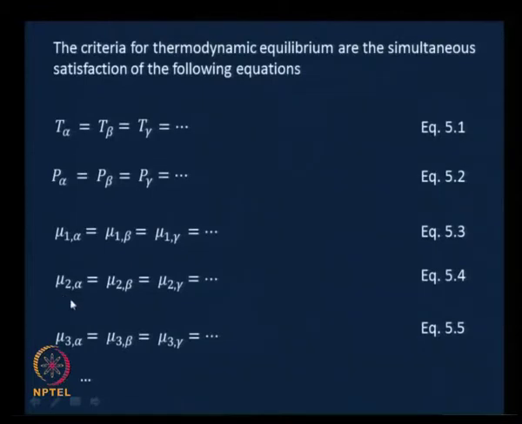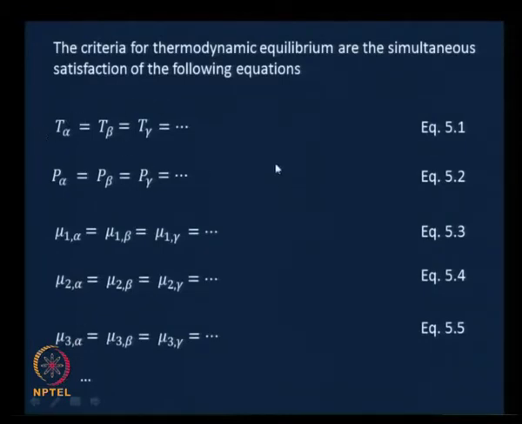Mu 2, which is the chemical potential of species 2 in the alpha phase, must equal mu 2 in the beta phase, must equal mu 2 in the gamma phase and so on. And we can write one such equation for each of the species or components that are present.